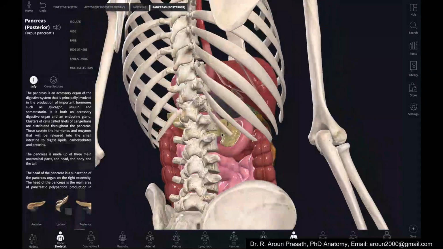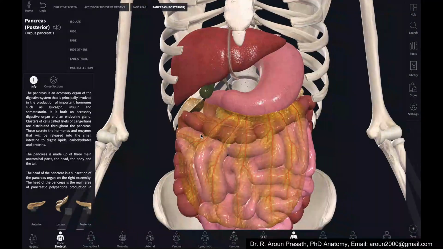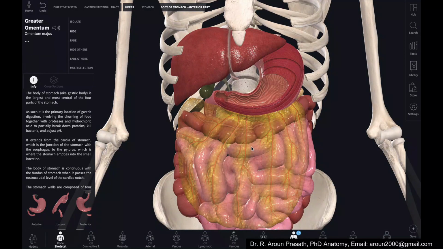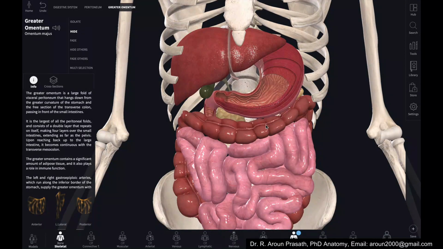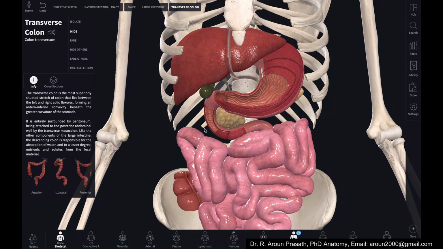So let us see the parts of the pancreas. For that, I need to remove the stomach and the peritoneum. Then only the pancreas will be visible, as it is in the posterior aspect of the intestines, in the retroperitoneal space.